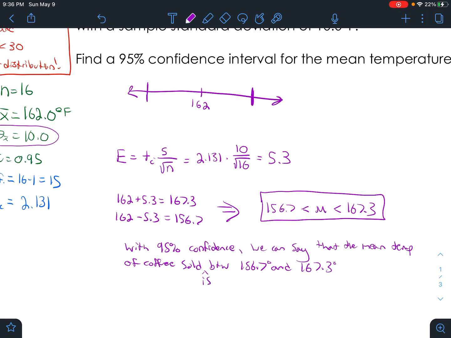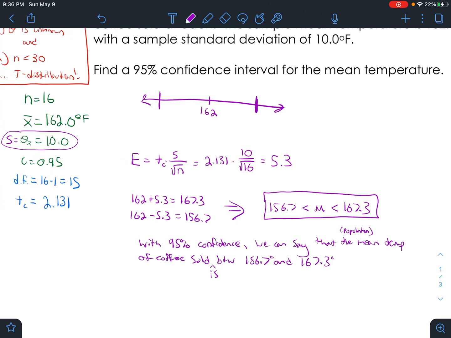Is is the keyword there. So with 95% confidence, we can say that the mean temp of coffee sold is between those two marks. And when we say the mean temp, we mean the population mean, because that is what we are providing an interval range to estimate the location of with 95% confidence.